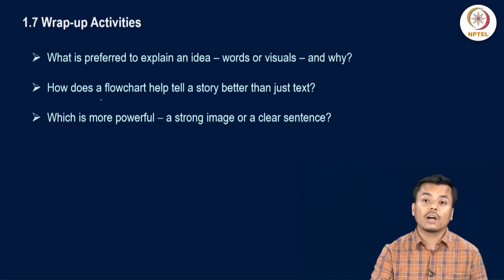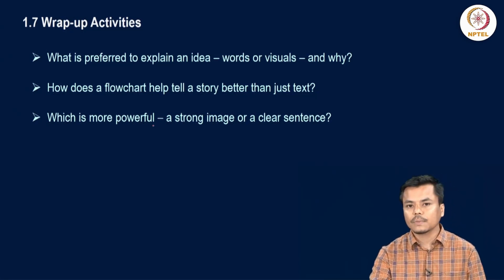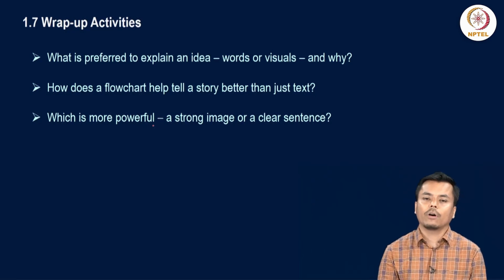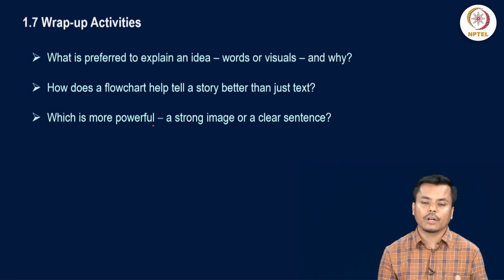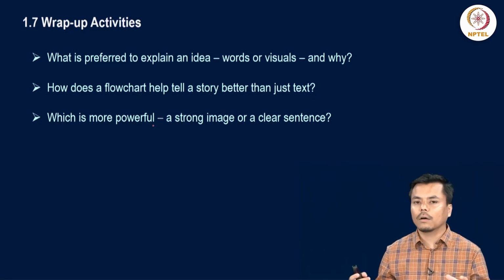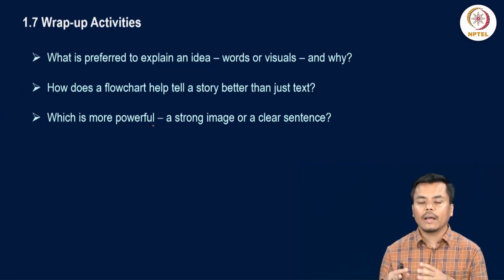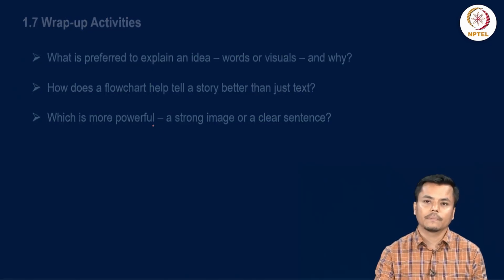How does the flow chart help you tell a story better than just the text? You can think on these aspects: which is more powerful, a strong image or a clear sentence? That is also essential to understand, and this understanding about the sheet layout or sheet composition will help you in communicating your design idea in an effective way to the examiner.